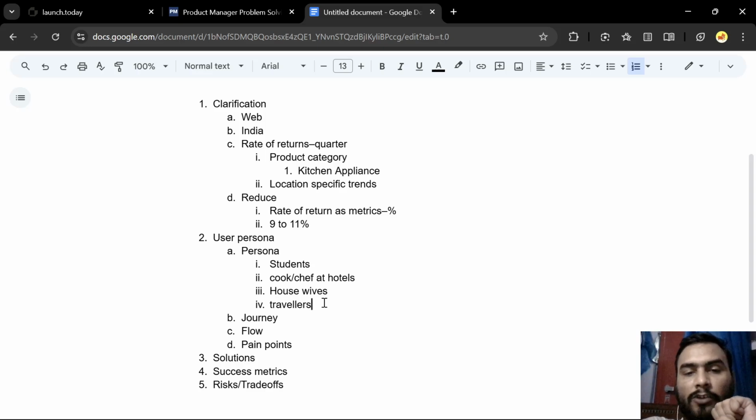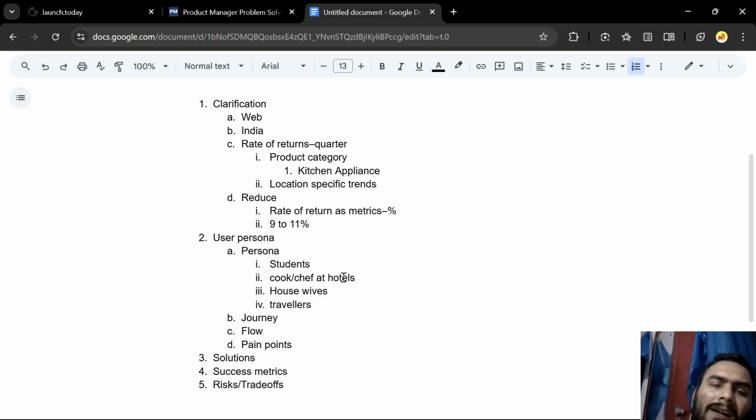And second would be the hotel cook and chef working at a hotel. Although they are not the customers, they are end users of the appliances. So second is the hotel as a business group. B2B or B2C, I can do that, but for now let us take small hotels and restaurants as one group.